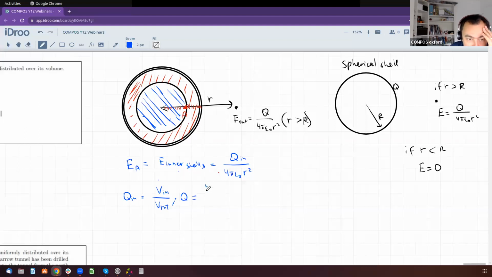So it's 4/3 pi r cubed divided by 4/3 pi capital R cubed multiplied by the charge. And we can substitute that into here. And so 4/3 pi cancel, and r cubed cancels with r squared. So it's going to be q r divided by 4 pi epsilon naught R cubed.